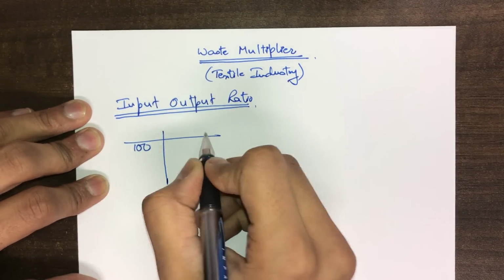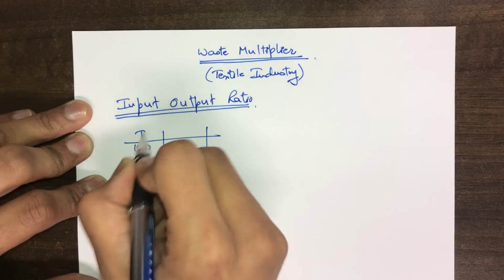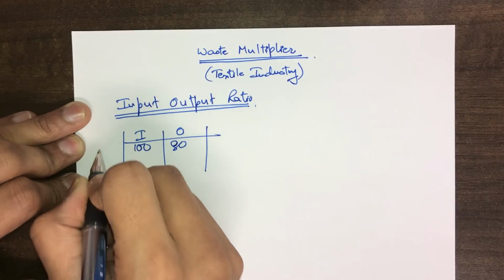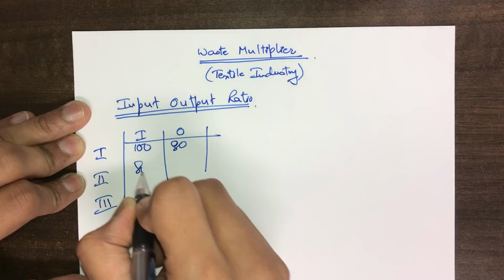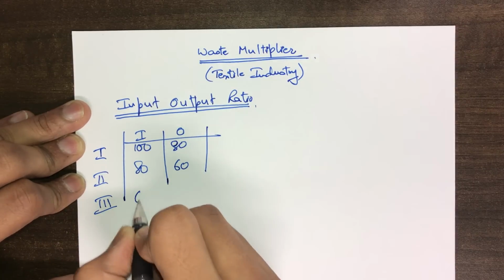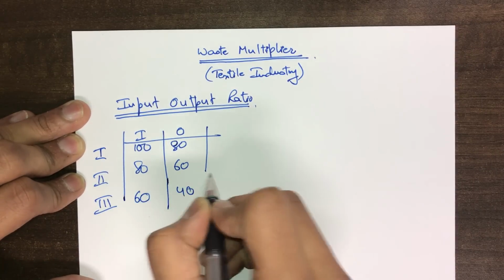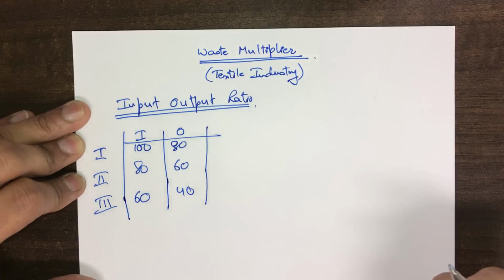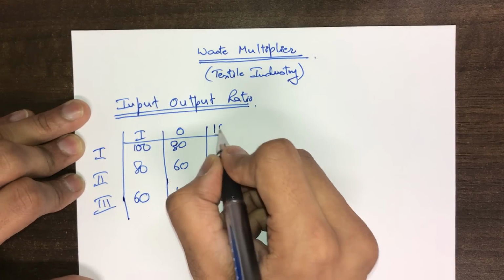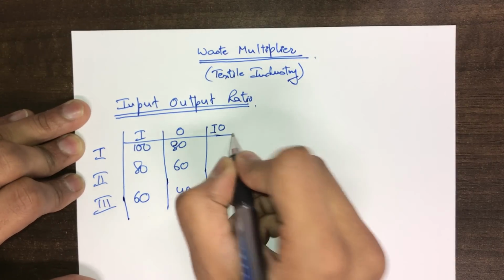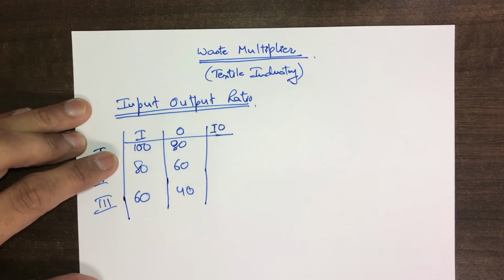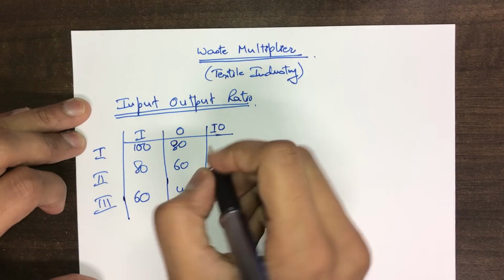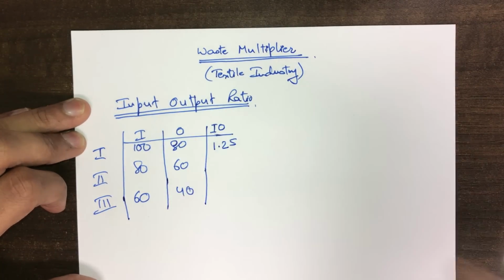So if there's a process where input is 100, output is 80, process 1, process 2, process 3, input is 80, output is 60, input is 60, output is 40. In this case, the input output ratio will be 100 divided by 80, which is 1.25.